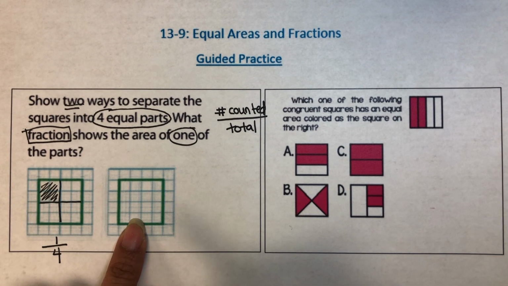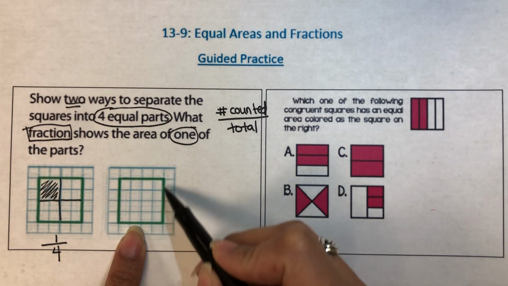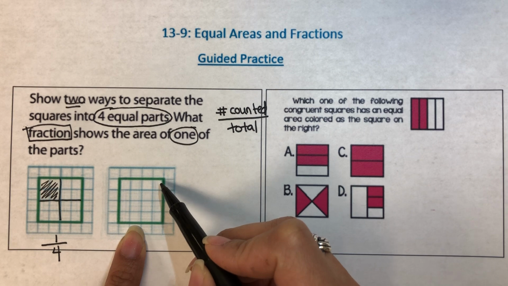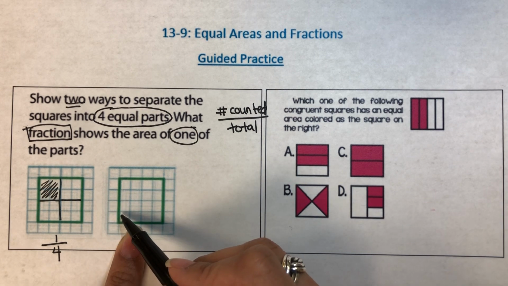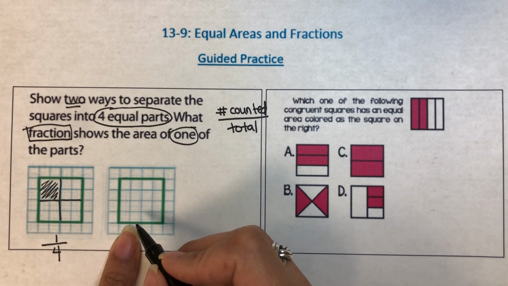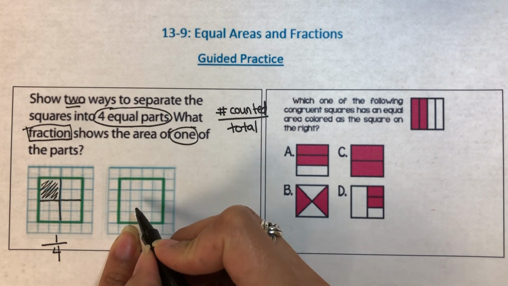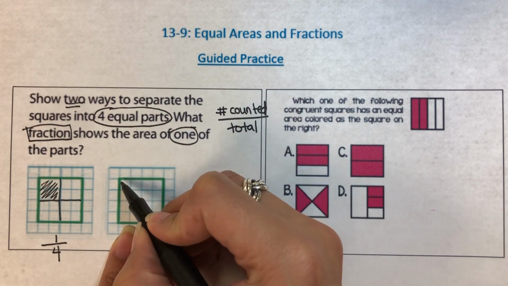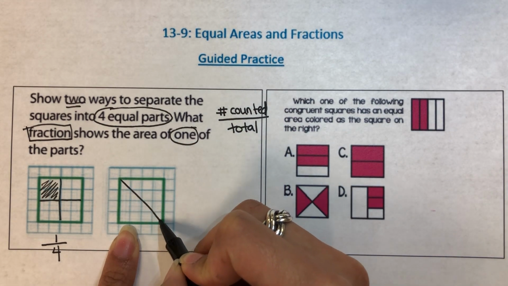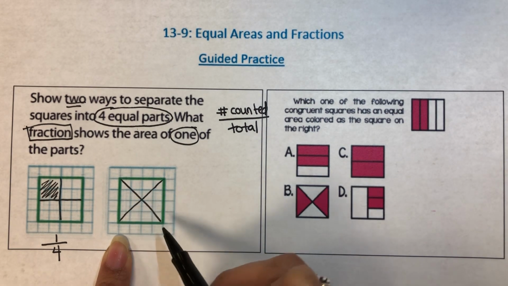To take that a little bit further, 2 ways again. This is one way. Another way, we're taking the same exact figure. These green squares are congruent, same size, same shape. So if we split both of these into 4 equal parts, but do it a different way, for example, I can instead split this into 4 parts by drawing an X inside, and I end up with 4 equal parts.